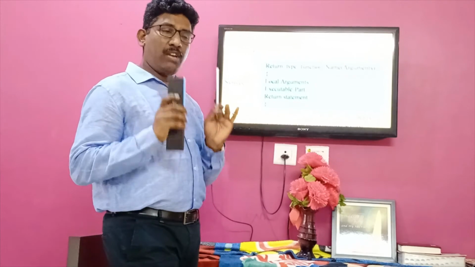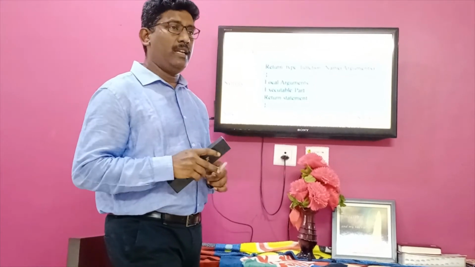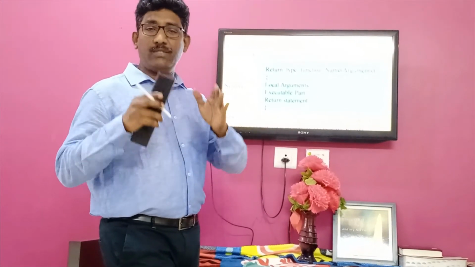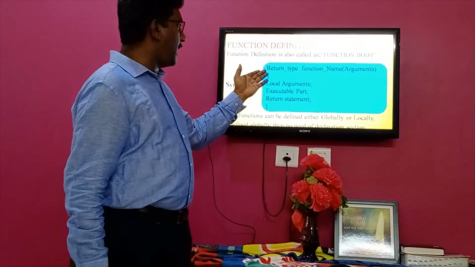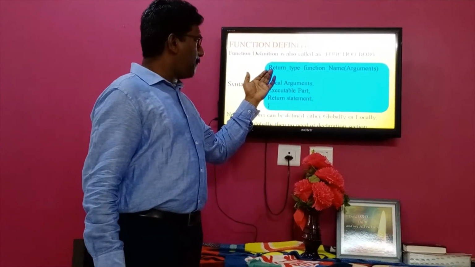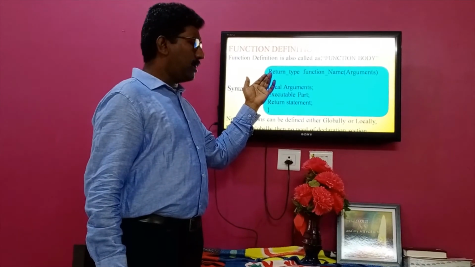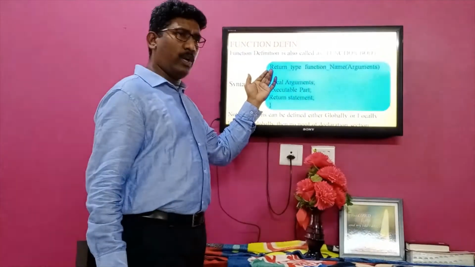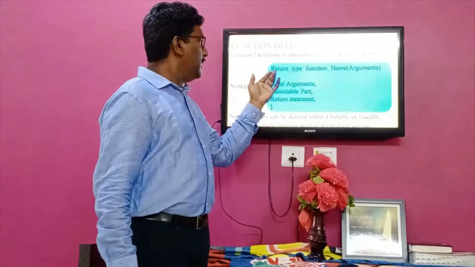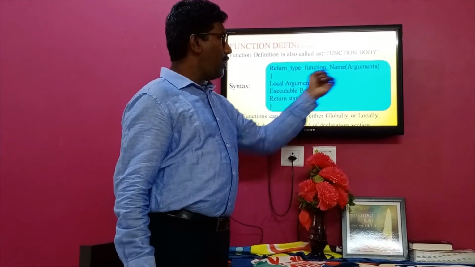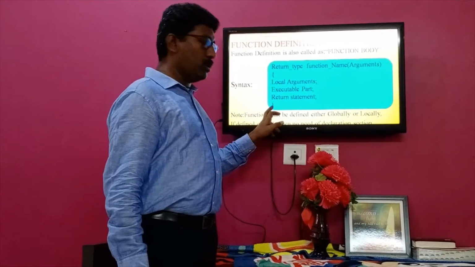Here, if I want to define a function to perform something, I need to remember the syntax, that is the function body. The function definition rule is like this. Return type, actually here R is capital, but while writing we are supposed to write all lowercase, the data types only. So return type, function name, arguments, then open brace, closing brace.